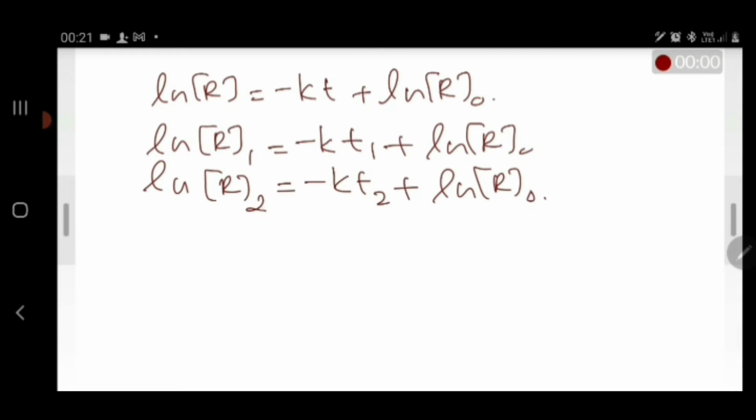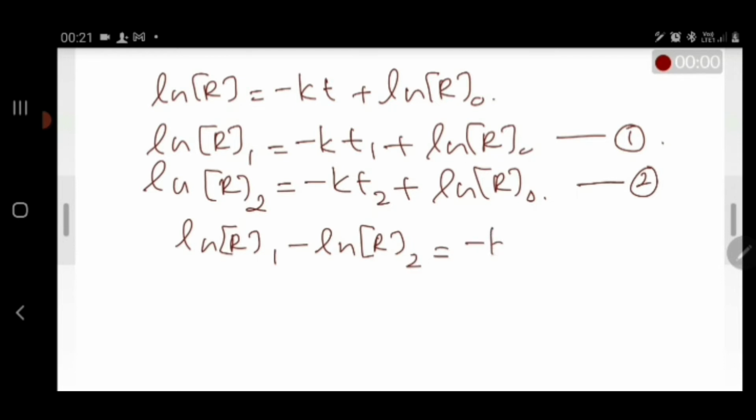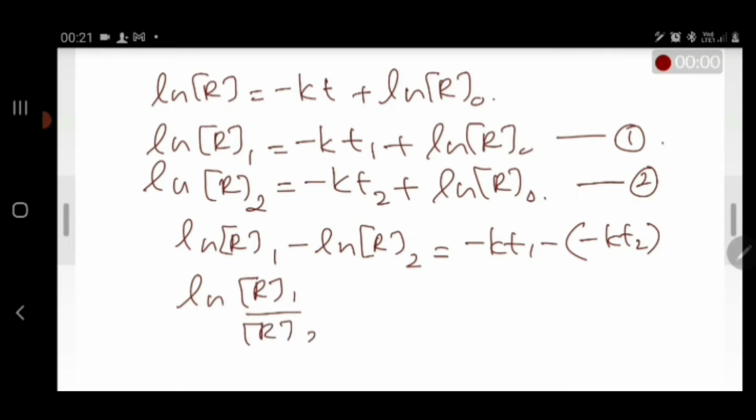And if you subtract equation 2 from 1, you will get ln R1 minus ln R2 is equal to minus kt1 minus of minus kt2. So if you simplify it, you will get ln R1 divided by R2 is equal to k t2 minus t1.